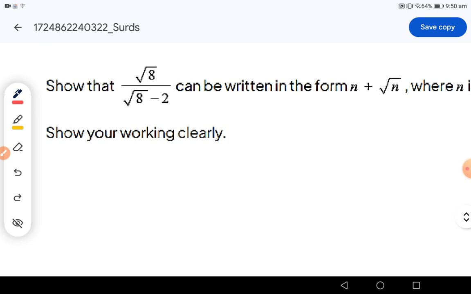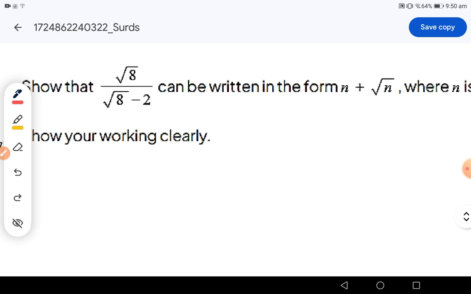Root 8 by root 8 minus 2 can be written in the form n plus root n.